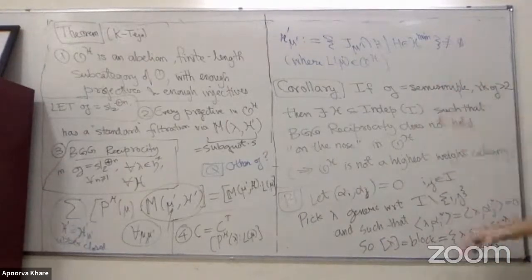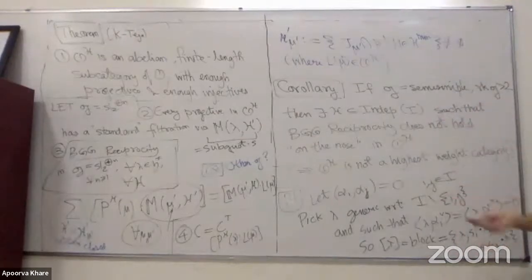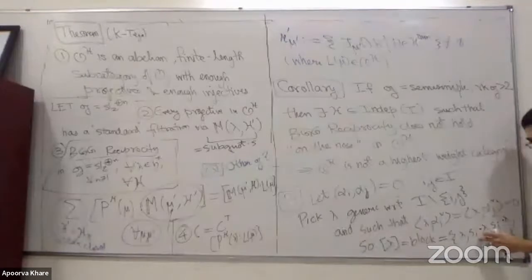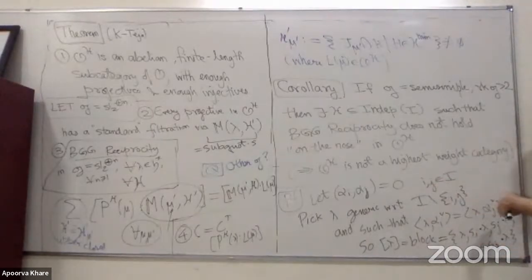And now you do exactly the constructions that I erased from this board. My apologies. The short exact sequences that I drew for the projectives and so on, that's why I wrote I comma j, not 1 comma 2.